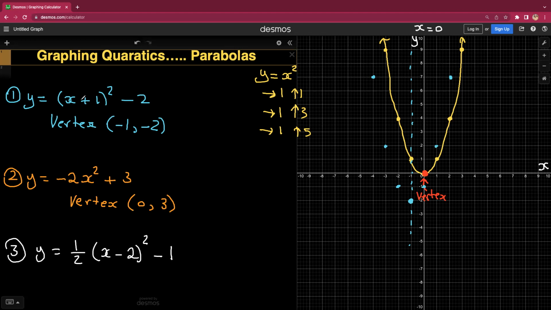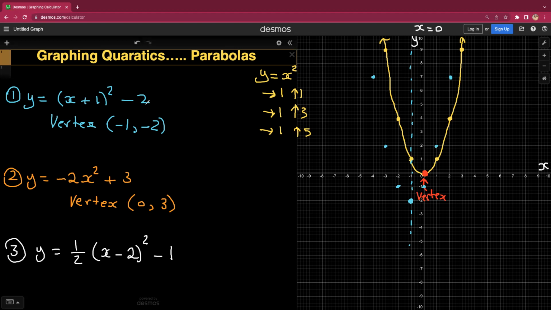How do we get the -1 for the vertex as the x coordinate here? Whatever's inside the bracket, that's where we get our x coordinate for the vertex. Okay, and that's why here it's -1. But here there's no bracket, so there's nothing added or subtracted from the x, and that's why 0 is the x value of the vertex.